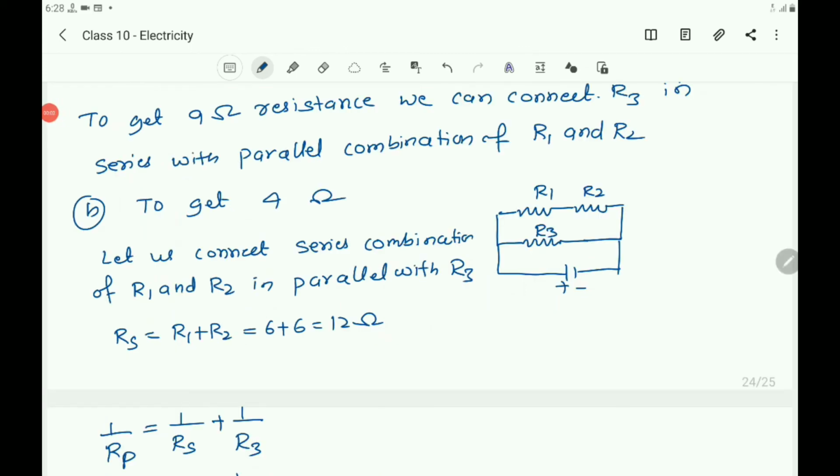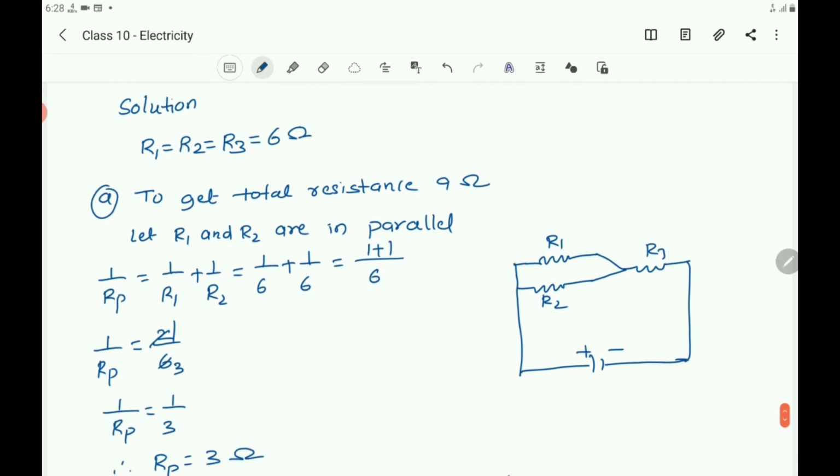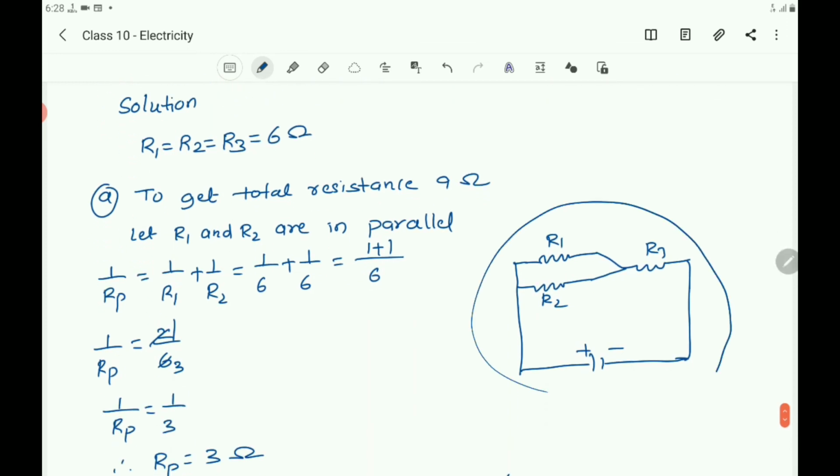Here you note down the figure to get 4 ohm and also to get 9 ohm.